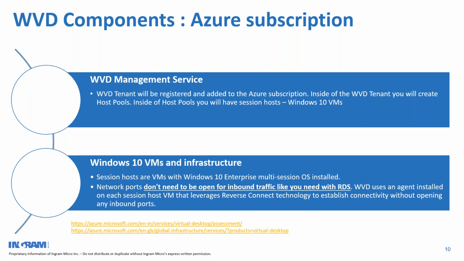One of the very important points when it comes to networking, and this is one of the frequently asked questions that I get, is with respect to security, because when you deploy RDS, you need to open an inbound traffic port in order to access your VDI infrastructure. With Windows Virtual Desktop, you do not need to do this.